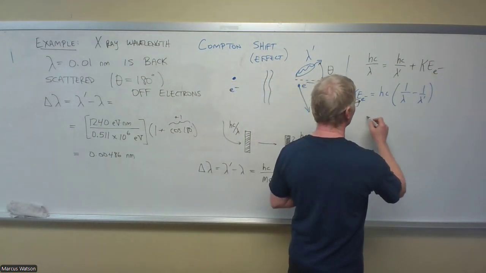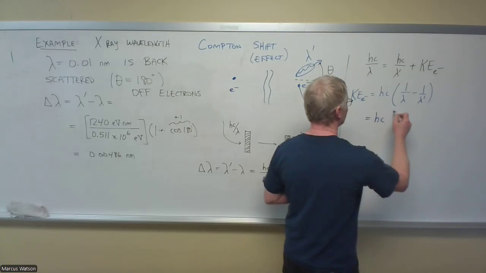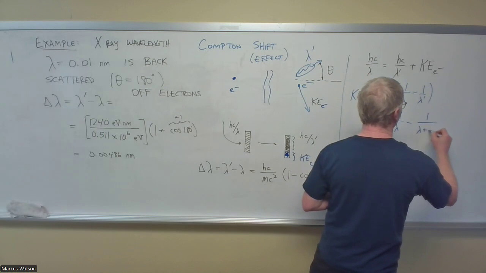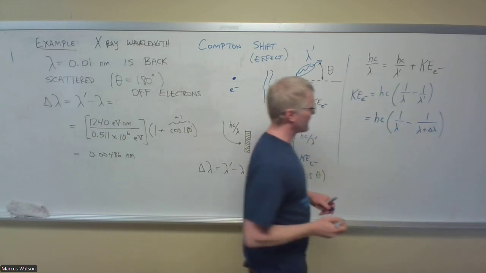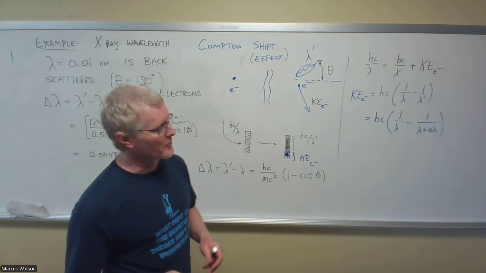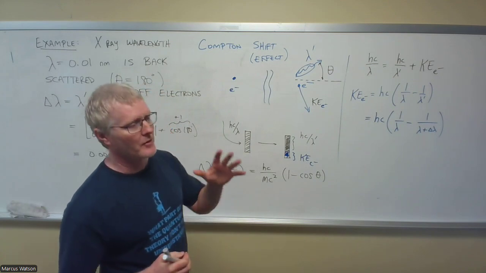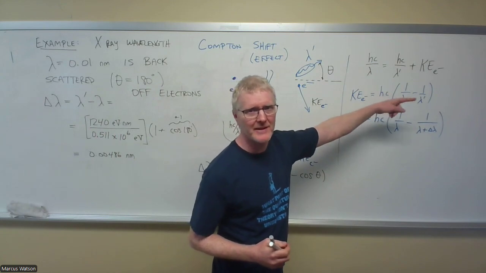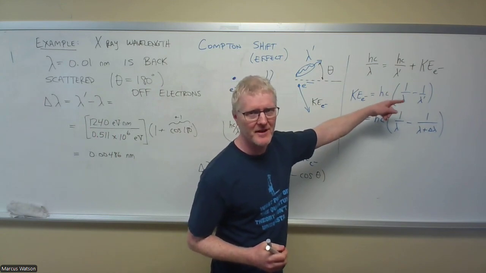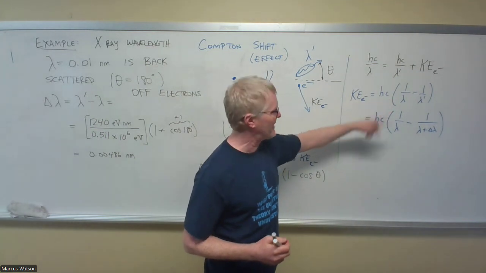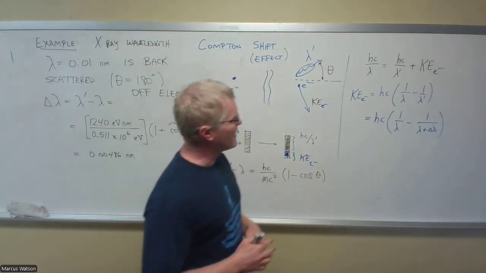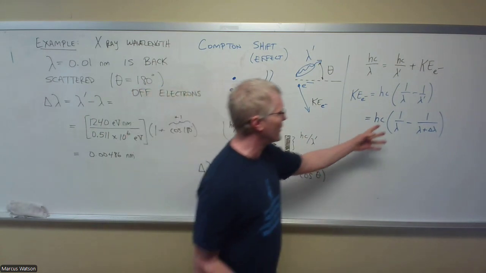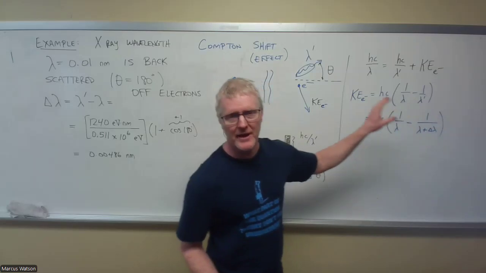Typically what I would do is I would say it's hc times 1 over lambda minus 1 over lambda plus delta lambda, like that, and reminding myself that no, you can't skip to something involving a lambda prime minus lambda or something here. This is not related to delta lambda yet. Okay, I have to go here. All sorts of cute stuff you could do with this. You could factor out a 1 over lambda and then make it look nicer, things like that.